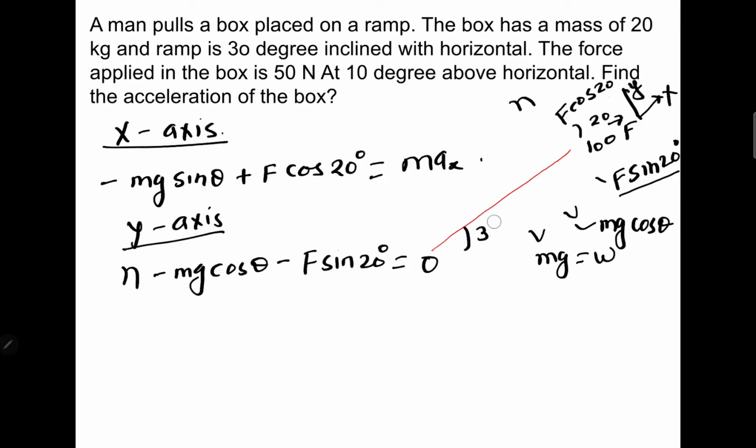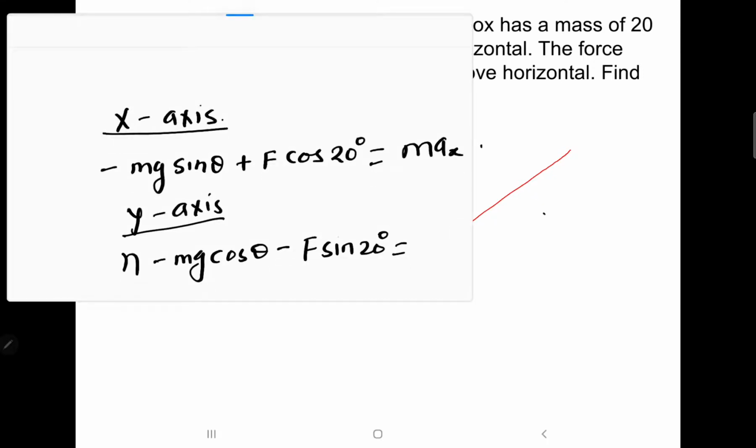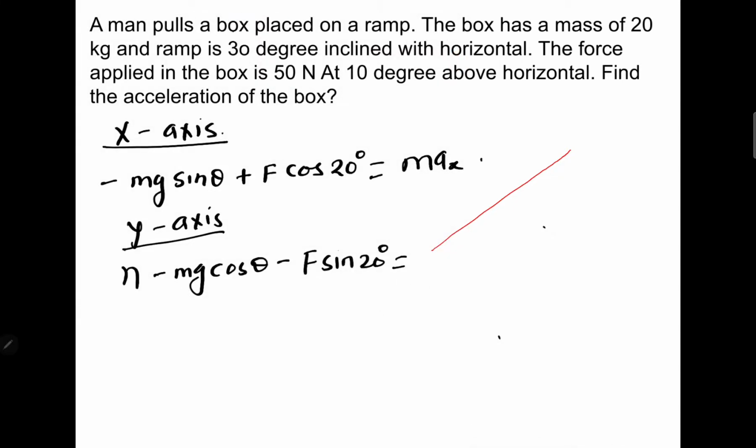Let me erase everything from here so that we don't need any more. We will have more space.